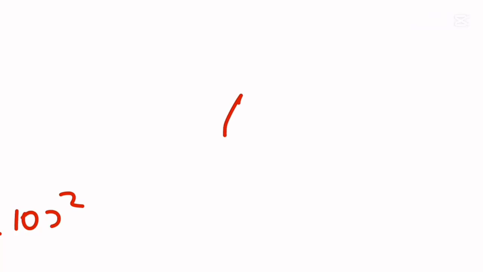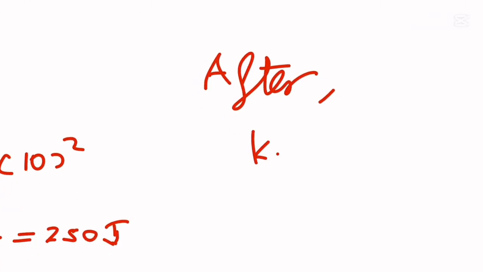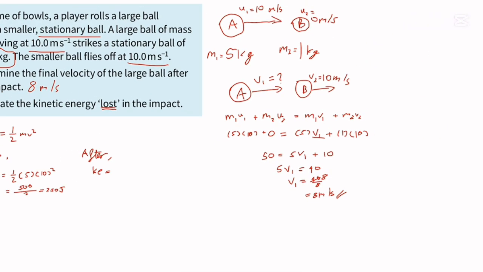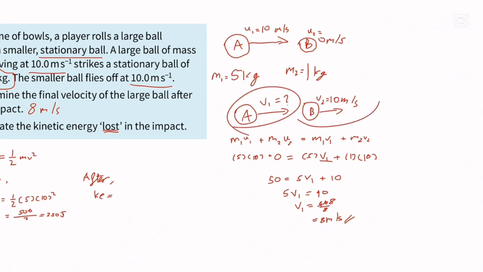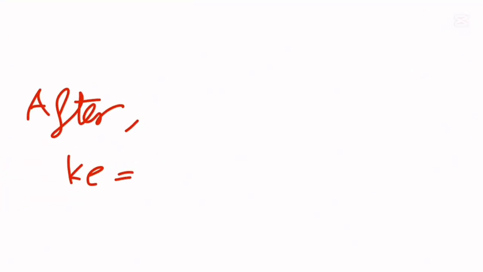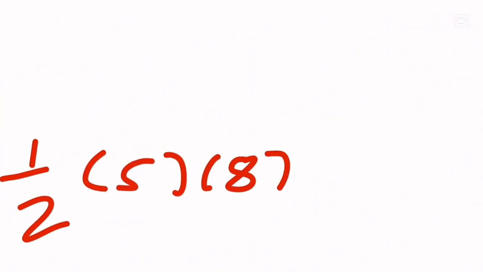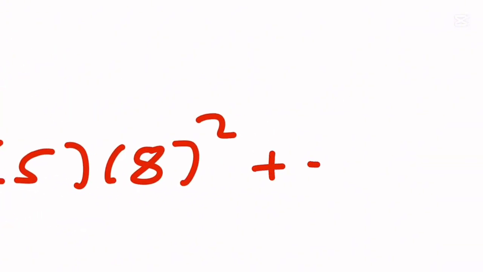Now let's go after the collision. Alright. After the collision, we find the kinetic energy of this and this, and we add the kinetic energies. So the kinetic energy of ball A is gonna be 5, and it's gonna be 8 meters per second, and then the 1 over 2.